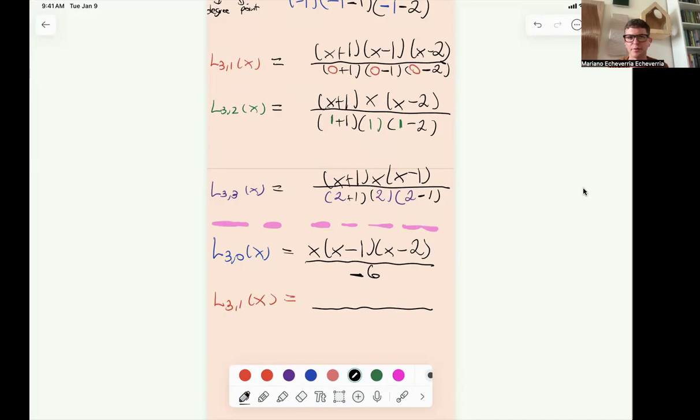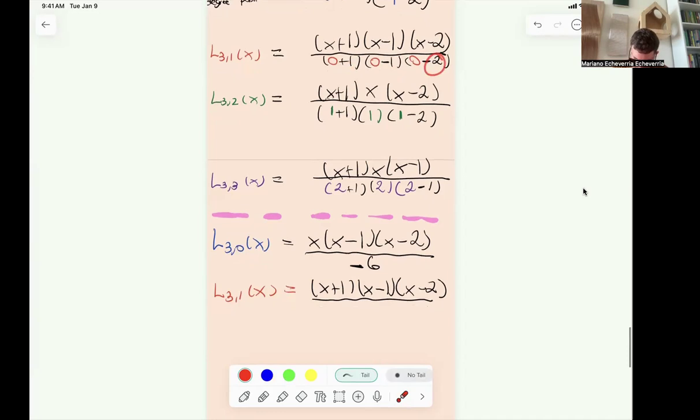Sometimes too much notation can also be confusing. If you see the algorithm, it's clear step by step what you're supposed to do, so you don't have to overthink what the notation is. So this gives you 1 times -1, that's -1, times -2, that's 2.